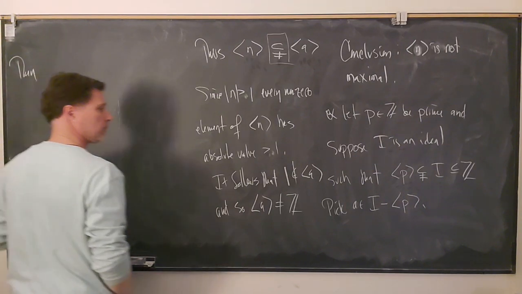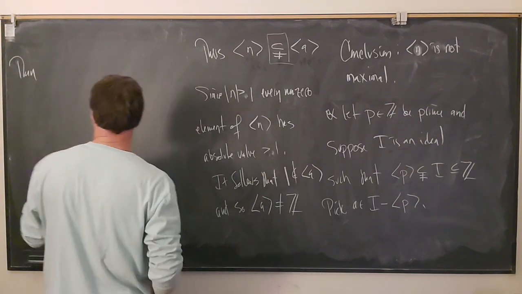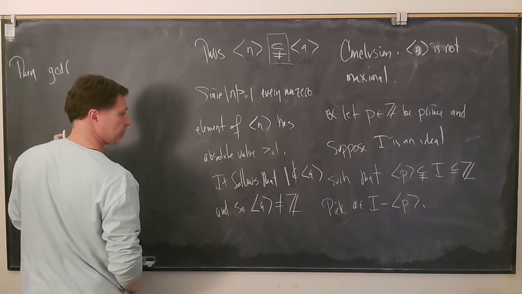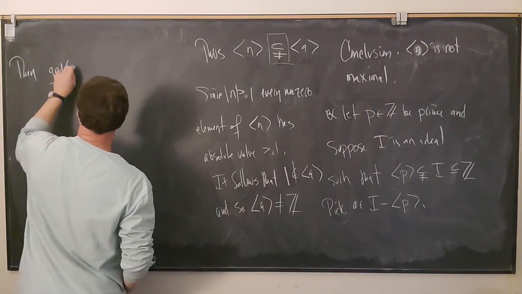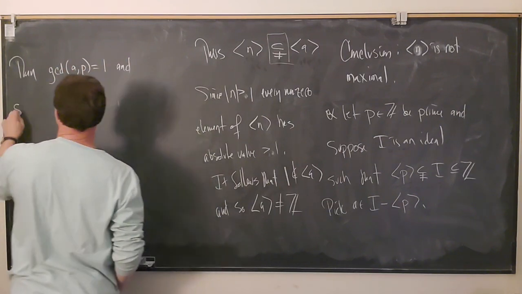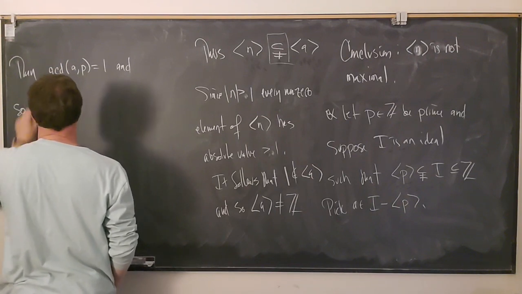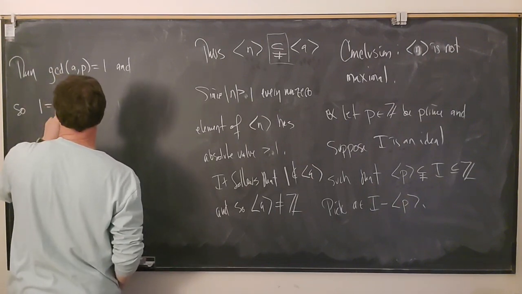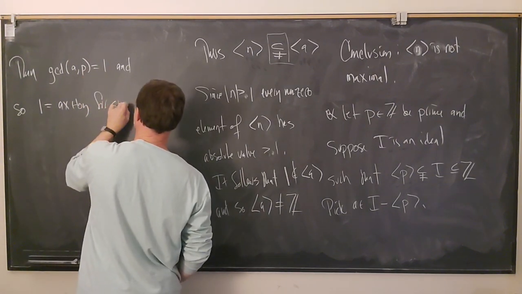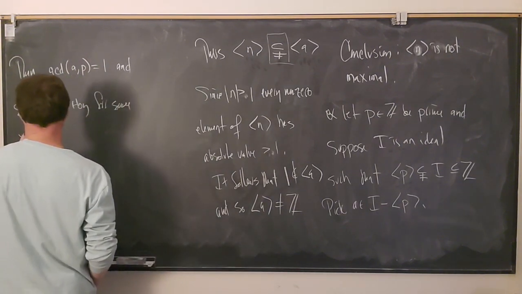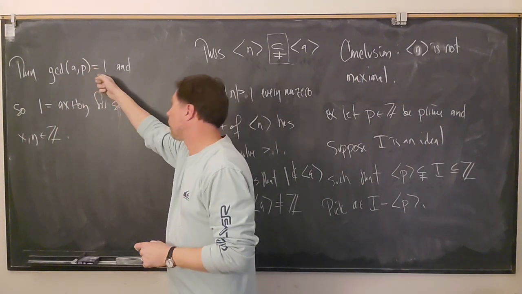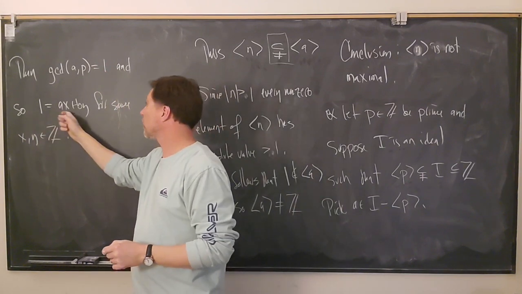So then, what does that tell us? Well, it means that the GCD of A and p has to equal 1, and so 1 is equal to AX plus PY for some X and Y in Z. Anytime the GCD is equal to D, then D can be written as a linear combination of those numbers.